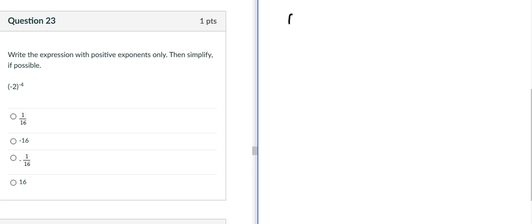Let's look at 23. 23 is all about negative exponents. So here, if we take more practice, we then can handle that. To eliminate this negative in front of 4, we do it like this.